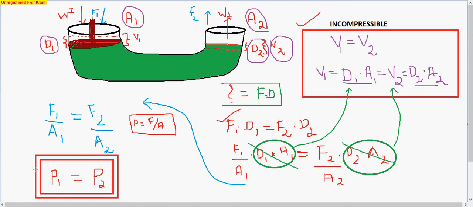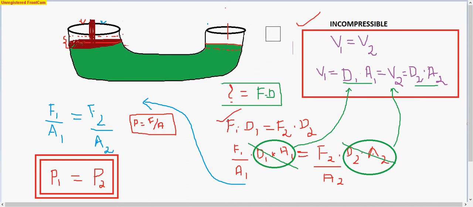So now since we have got an equation, what does this mean? This equation simply means that the pressure exerted by this piston towards this liquid, P1, will be equal to the pressure exerted here, that is P2.